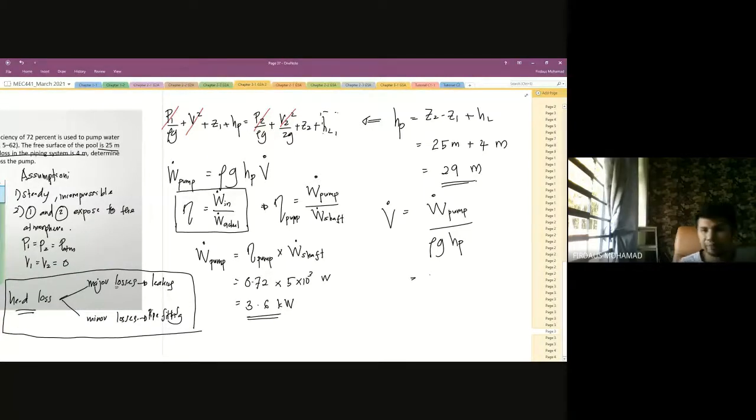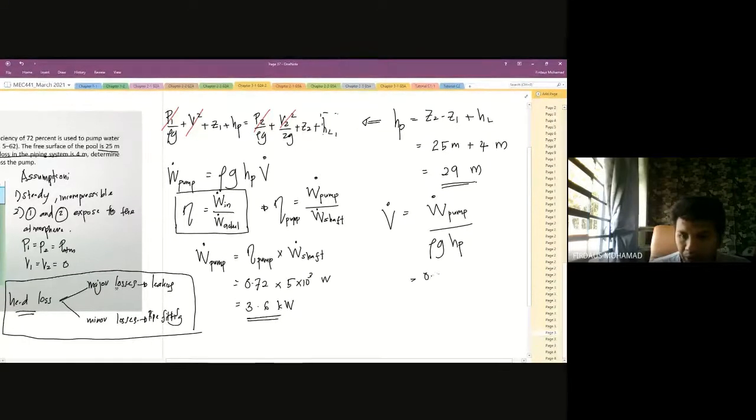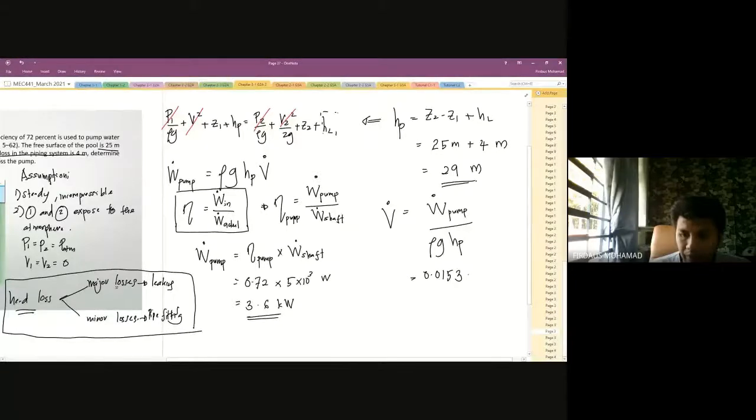Berapa dapat? V dot 1.53 darab 10 kuasa -2, 0.0153 meter cube per second.